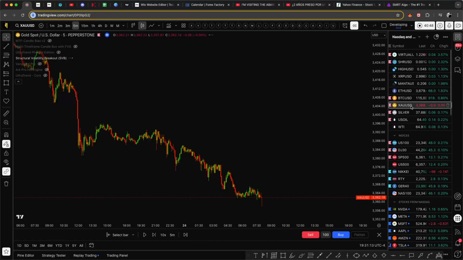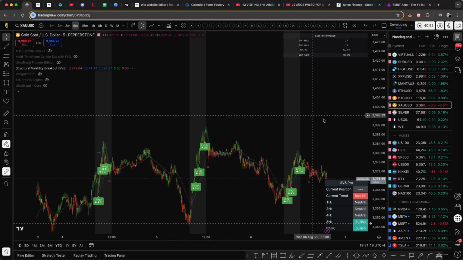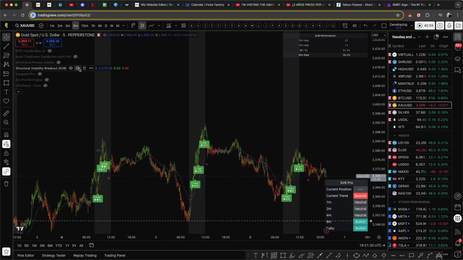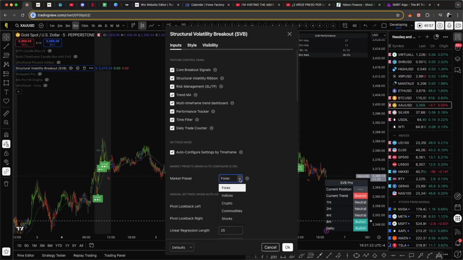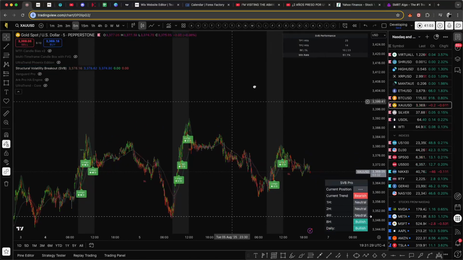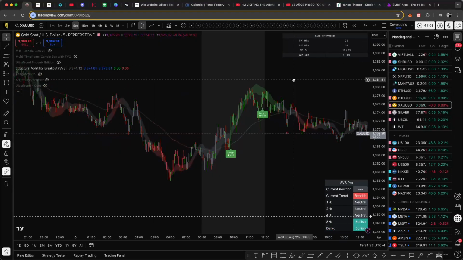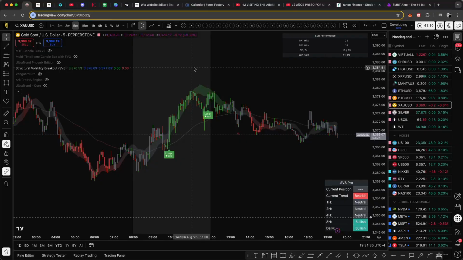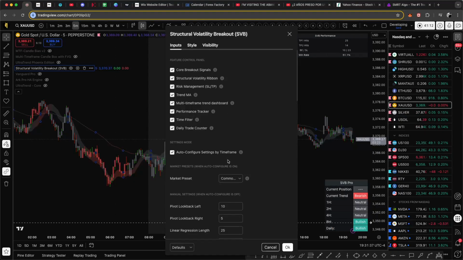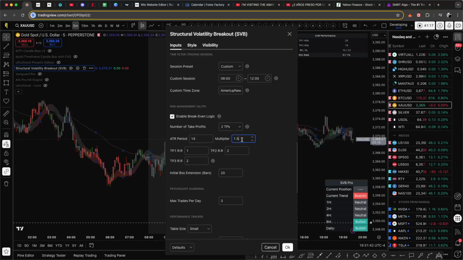Let's go on gold. Let's see how gold's been doing. And again, let me switch to commodities. There we go. So settings changed, and that's what we got. So right here, let's see what would be our best TP multiplier.